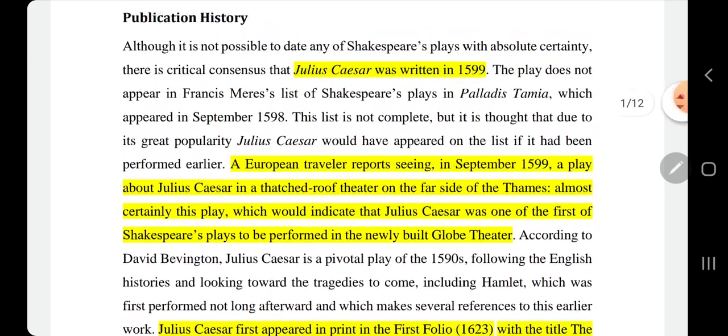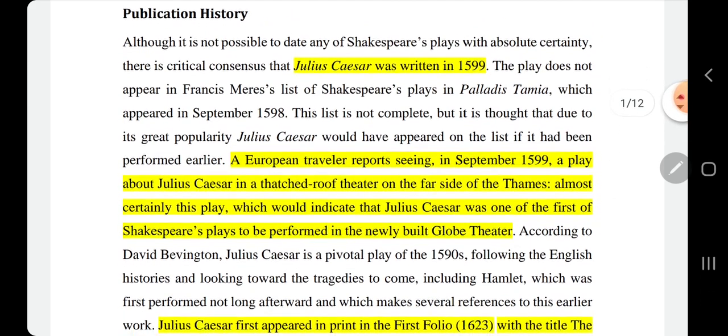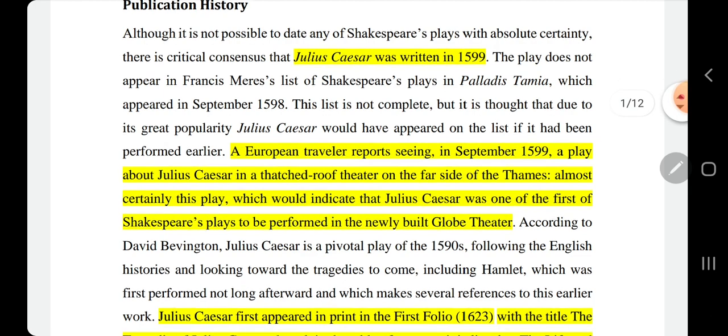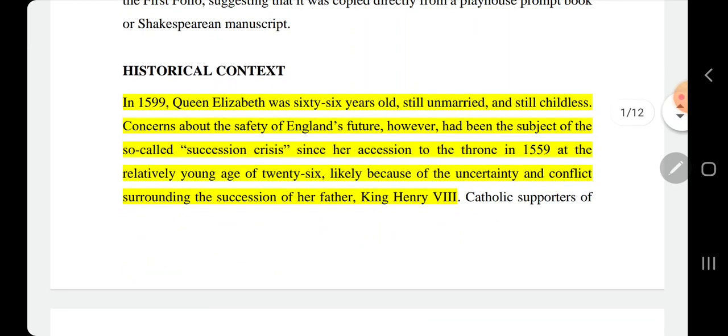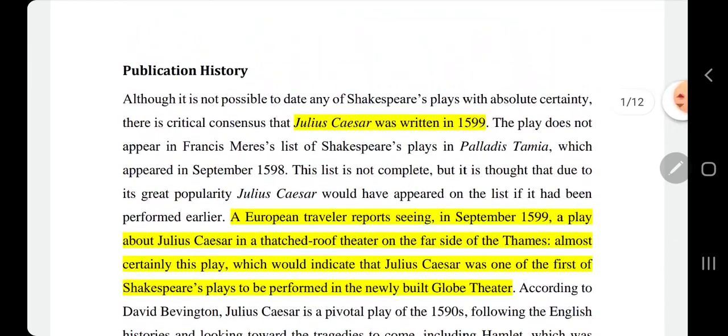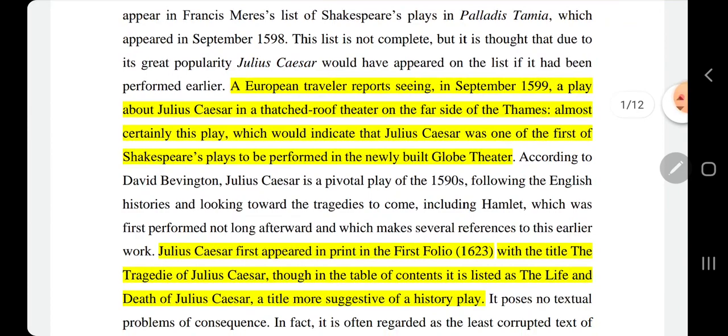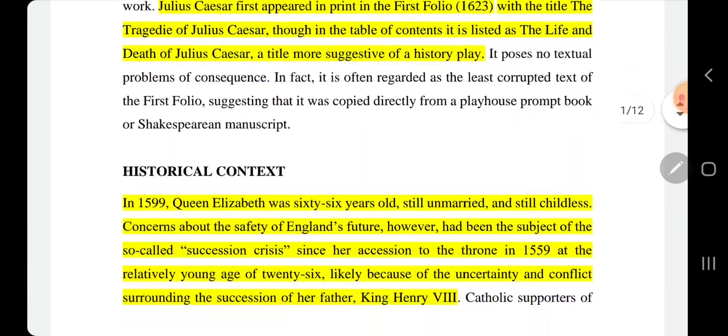So, students, though there are a couple of dates mentioned here for the time in which Julius Caesar was written, there is also a critical debate about the exact date it was performed on stage. So this is all that has to do with the publication history of our play.